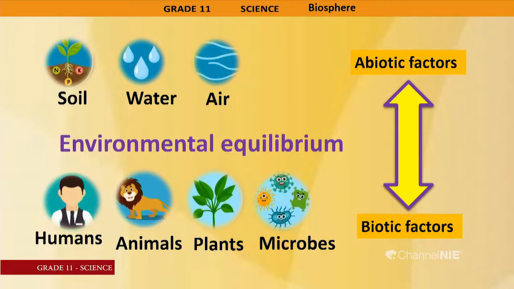As I told you, there are abiotic factors, the non-living factors, soil, water, air are some of the abiotic factors, and humans, animals, plants, microbes, they are biotic factors, the living factors. As a result of interactions between them and among them, and also within a particular group of organisms or within a particular group of factors, the environmental equilibrium is maintained. Let us go to the next one.